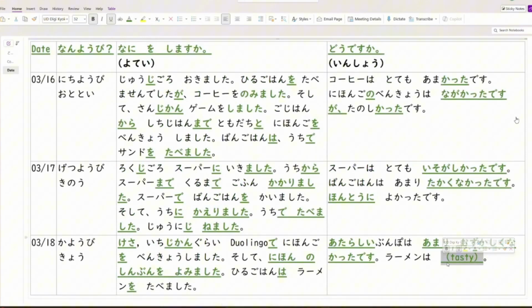No. I-adjectives do not use deshita. Okay. Oishii desu. Totemo oishii desu. I guess there's not a totemo there. I just personally like ramen, some plain old ramen.